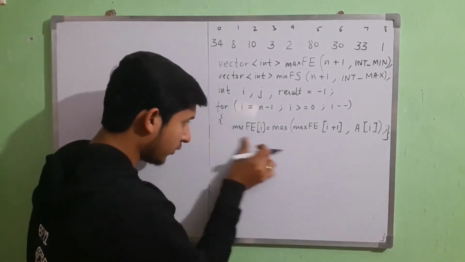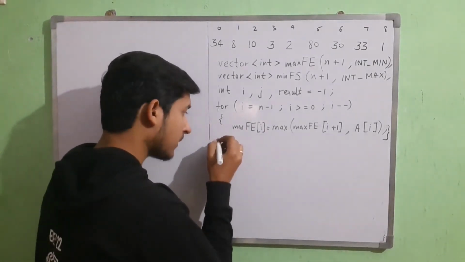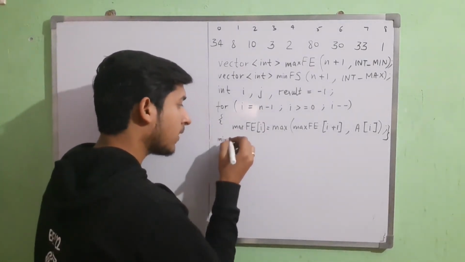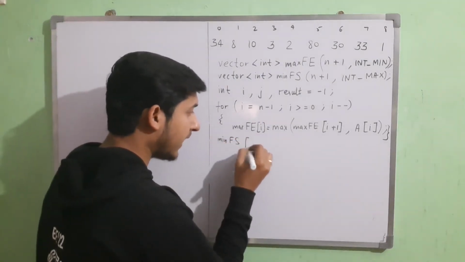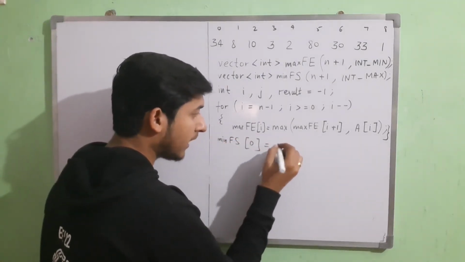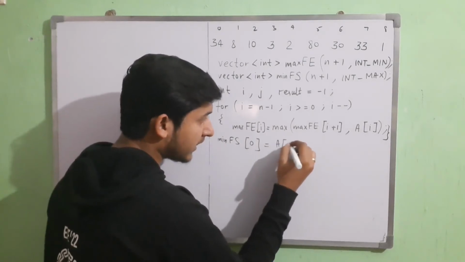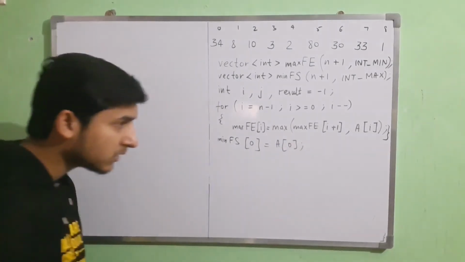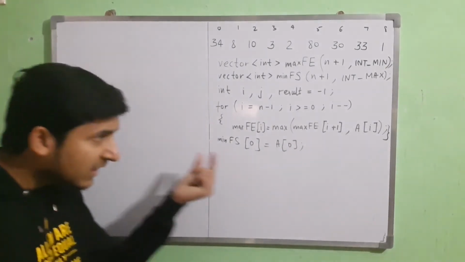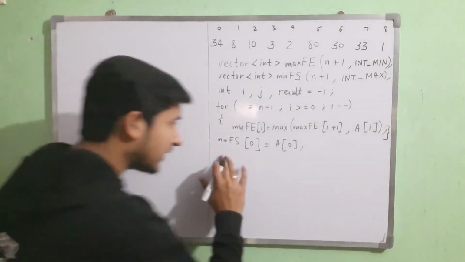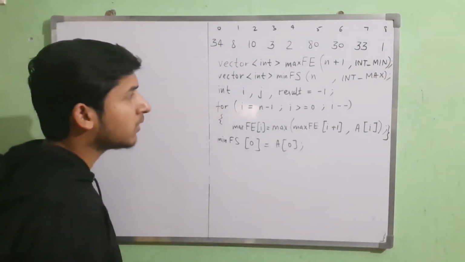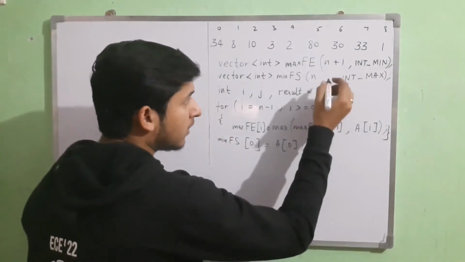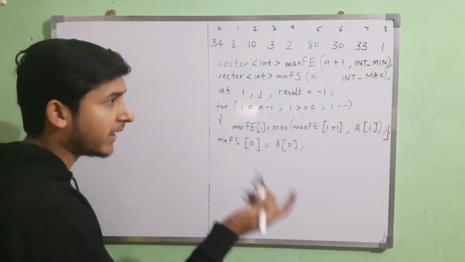what I should do here is min from starting at index 0 will have the value at index 0, because for 0 I can't consider index i minus 1, so it needs to be declared here. Okay, and that should work. Why take an extra byte of memory?